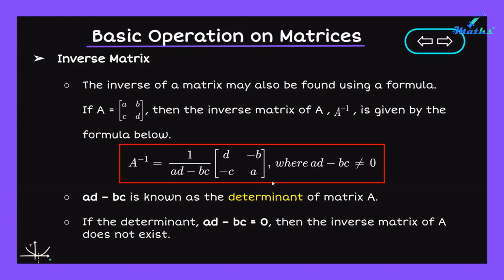A and D switch place, and then we put a negative on B and C. So it's negative B and negative C, where AD minus BC cannot be equal to 0. And AD minus BC is known as the determinant of matrix A. If the determinant AD minus BC is equal to 0, then the inverse matrix of A does not exist.